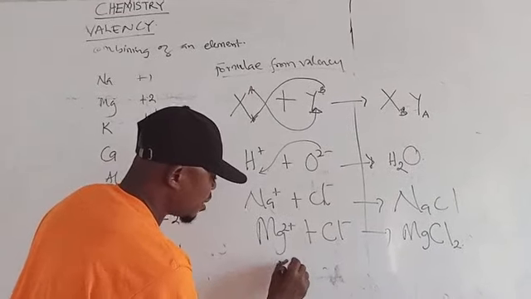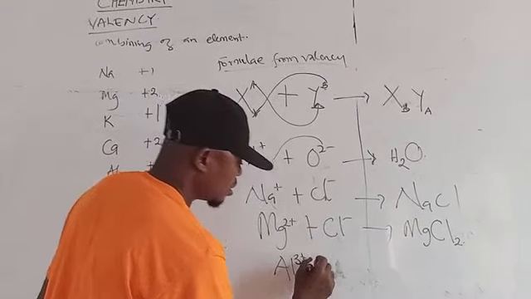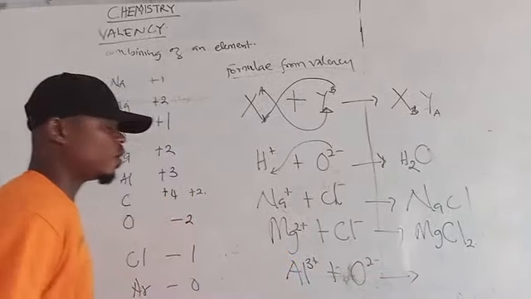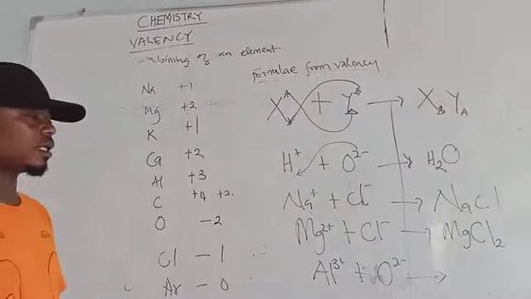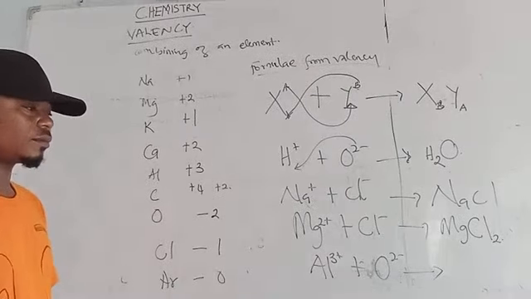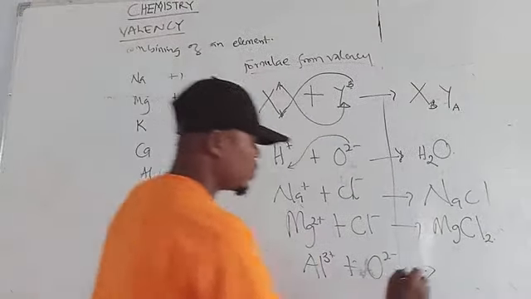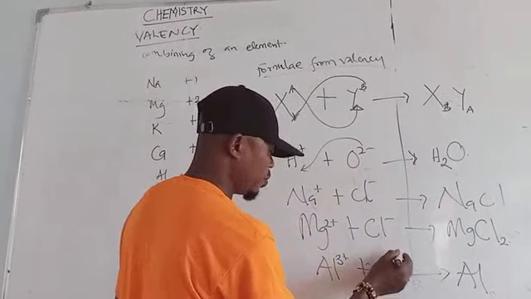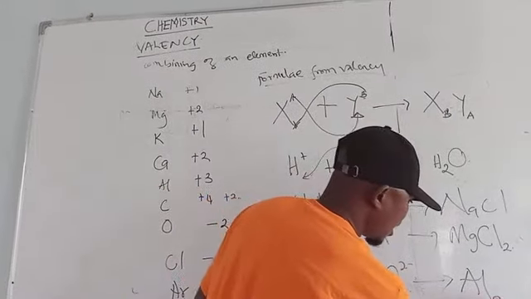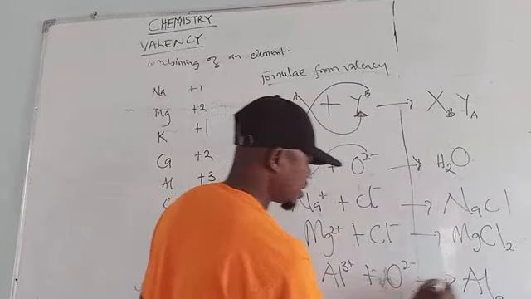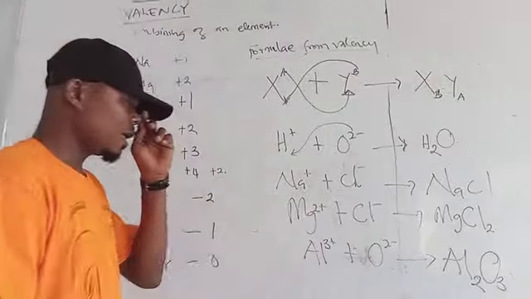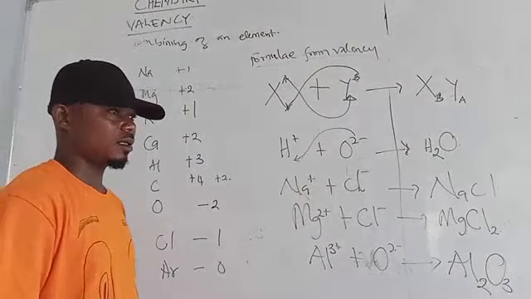When you have aluminium 3 plus reacting with oxygen 2 minus, what will be the formula? Do it quickly, let's see. You should get it correctly. If you write it correctly, you bring the 2 down here, so it's going to be aluminium 2, and then you bring the 3 here, and then O3.